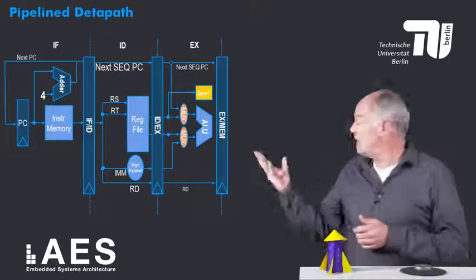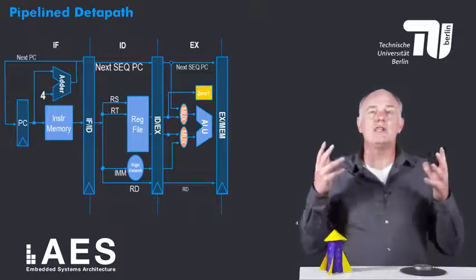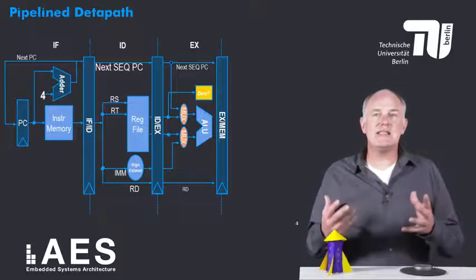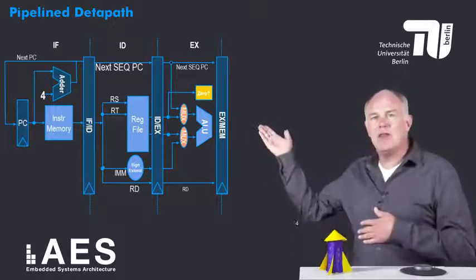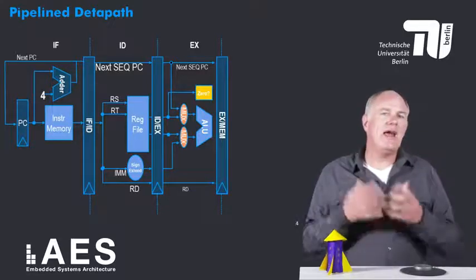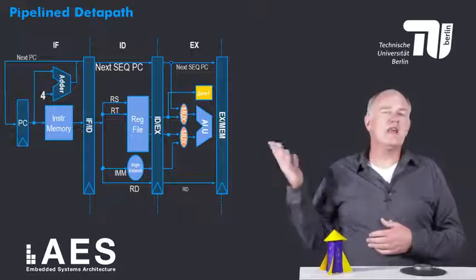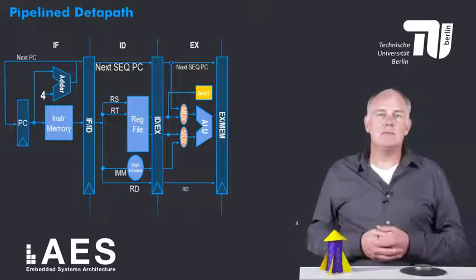This data path, as shown here, supports only one branch instruction, the branch if equal to 0. This branch instruction tests if the RS register is equal to 0. This is done by the yellow block labeled 0, and if so, jumps to the branch target address. In this block diagram, the branch target is calculated by the ALU.